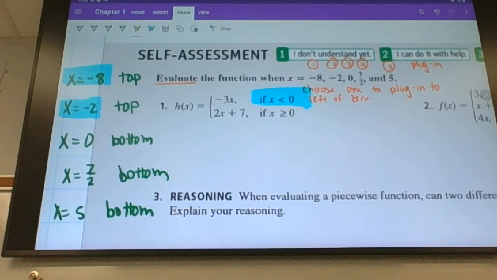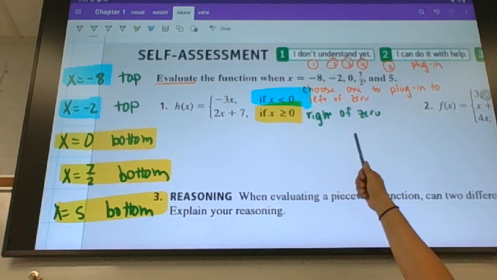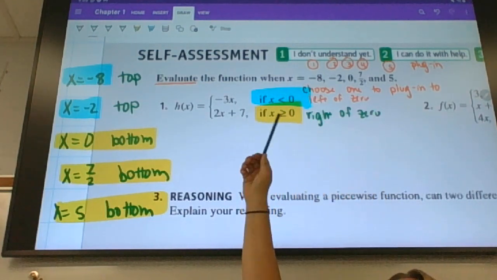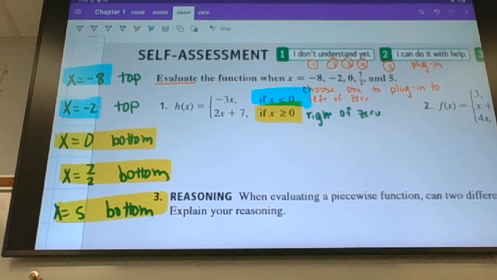Whereas these ones, they're all greater than or equal to 0. So you have to figure out which one to plug into, the top or the bottom. And if you look at number 2, there's even a middle option. So they can just make this as complicated as they want.